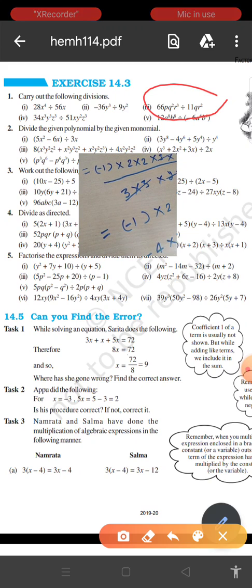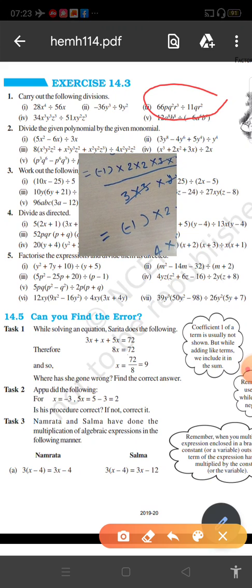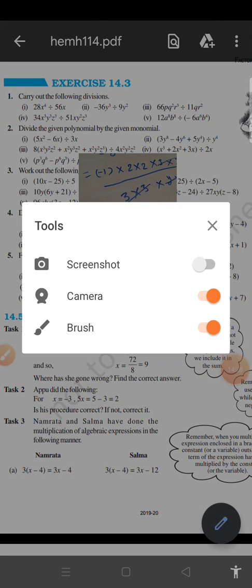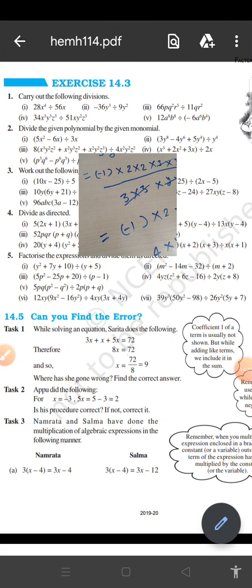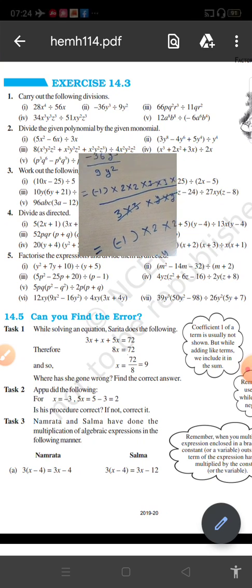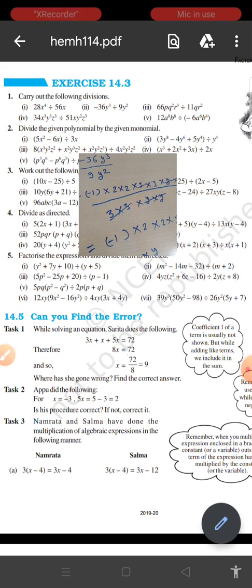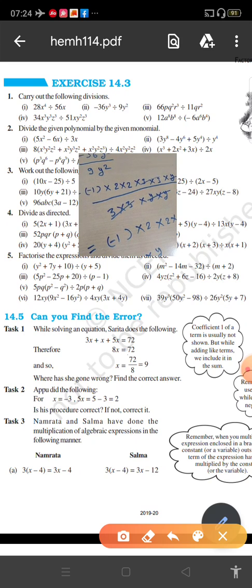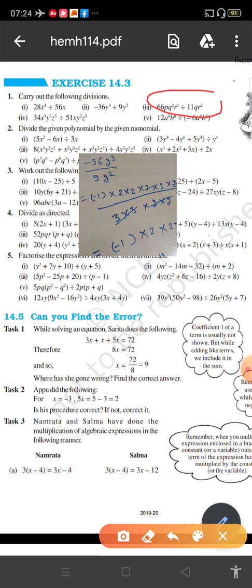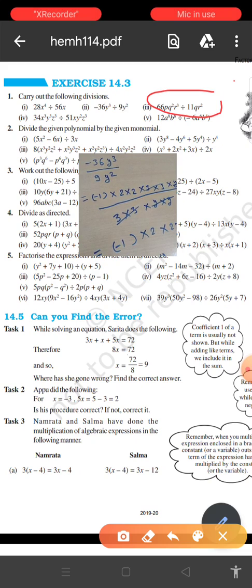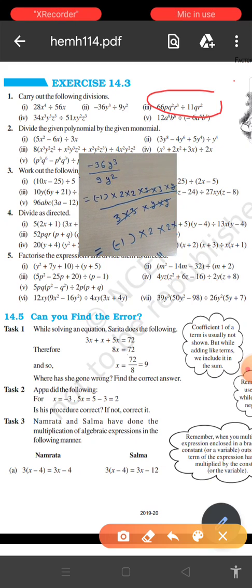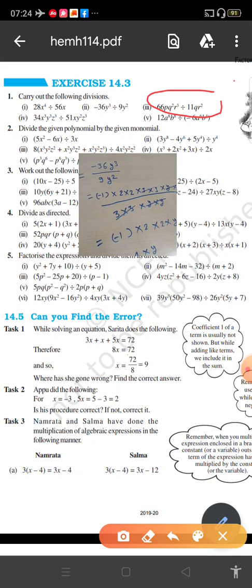So first we write 66 p q square r power 3 as a product of irreducible factors, and also we write 11 q r square as a product of irreducible factors, and we observe what is common between them, and the common part we will cancel, then we obtain the required result.